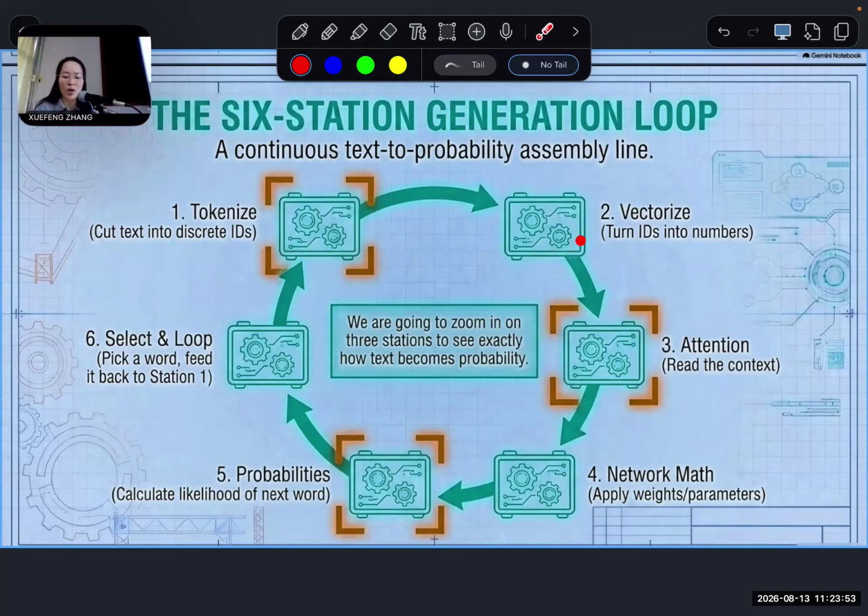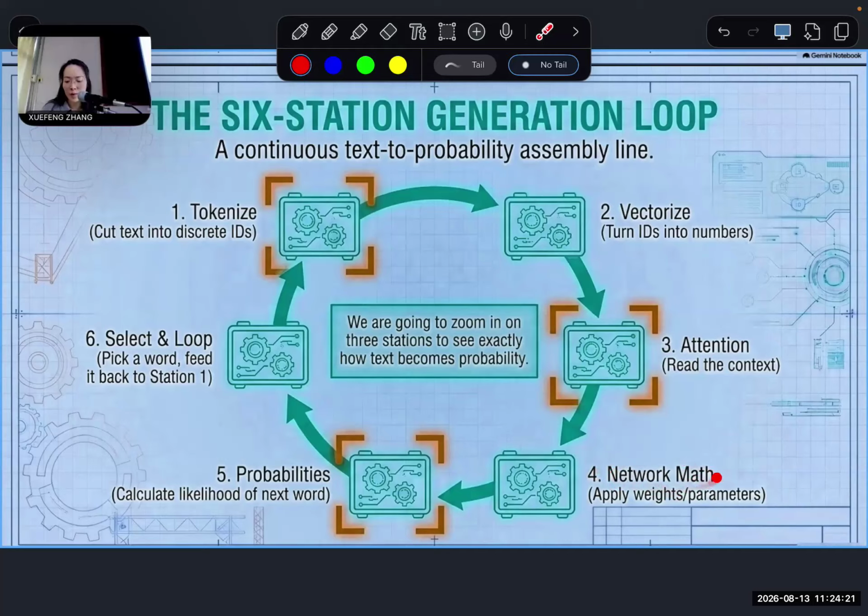Next one, we vectorize, so we turn IDs into numbers, and then we do the attention. So we read the surrounding context. The surrounding context is very important. So that's why you need to use a good prompt in order to use AI, okay? You need to have a good prompt.